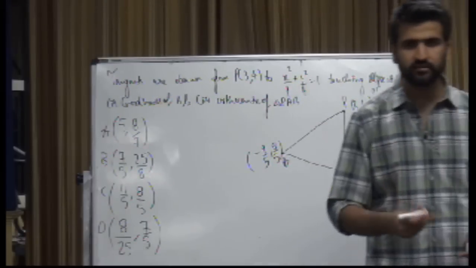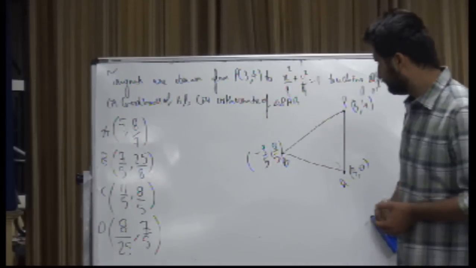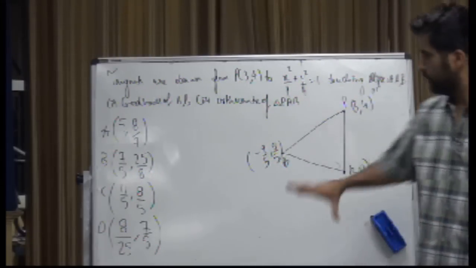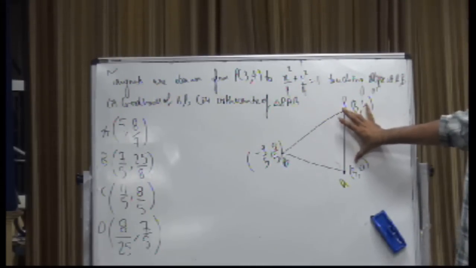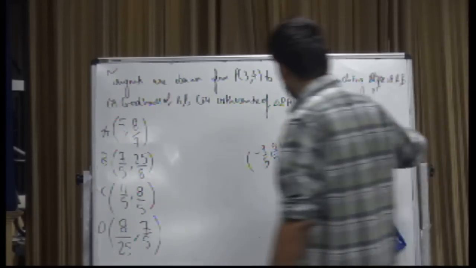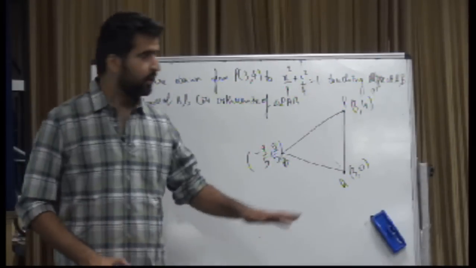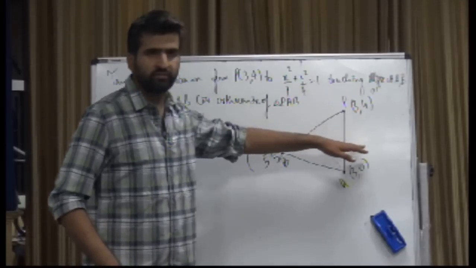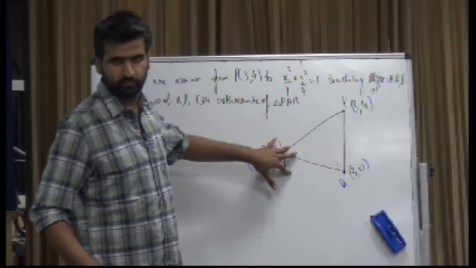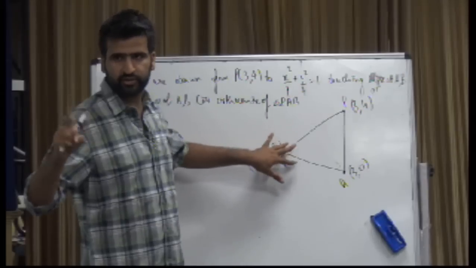If you know all the three coordinates, you know the slope of the line PA. You can know the slope of the line perpendicular to PA, and it will pass through this point. That is one equation of one altitude.